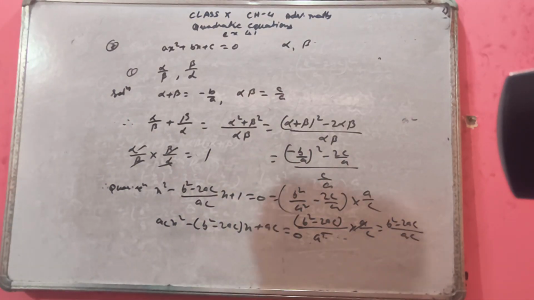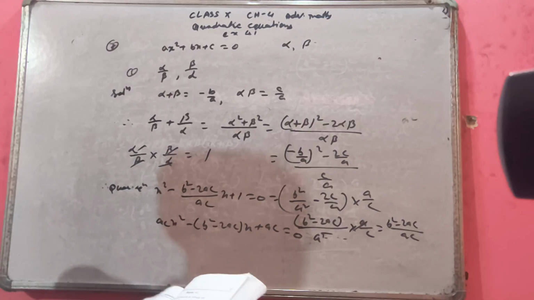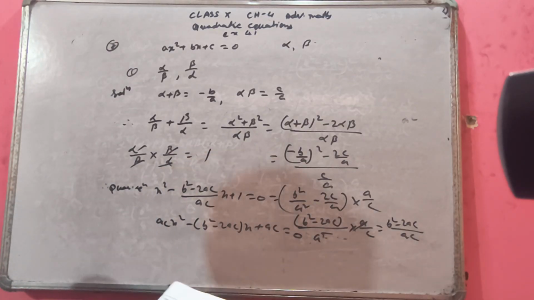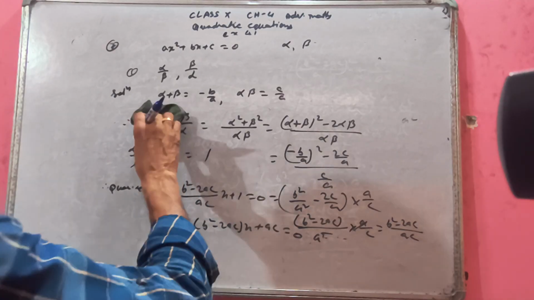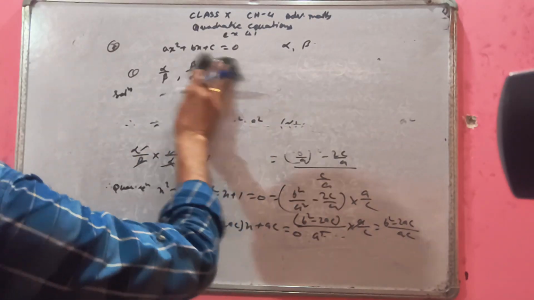Okay, next question now. I was checking the answer once. 7 number 2 now. This value is fixed, alpha plus beta, and alpha into beta value is fixed only.